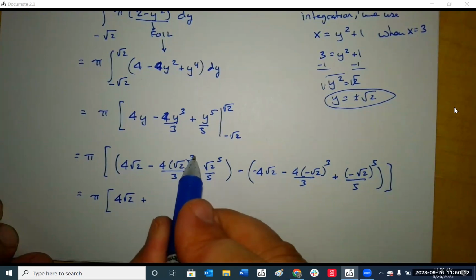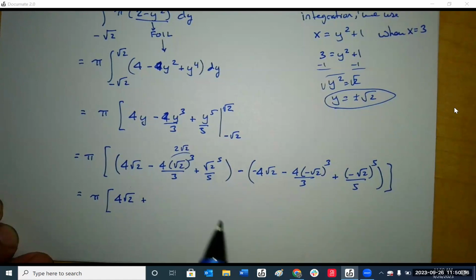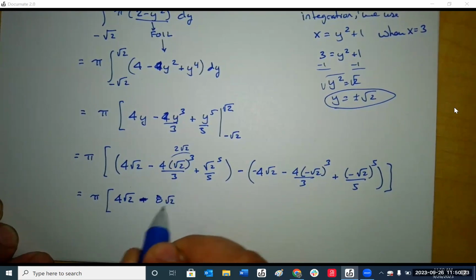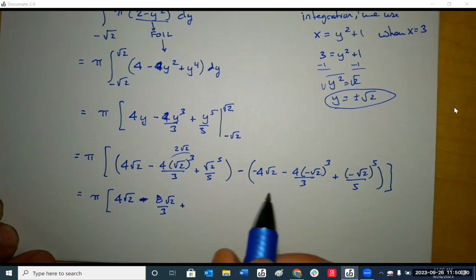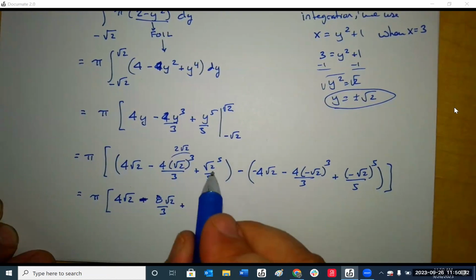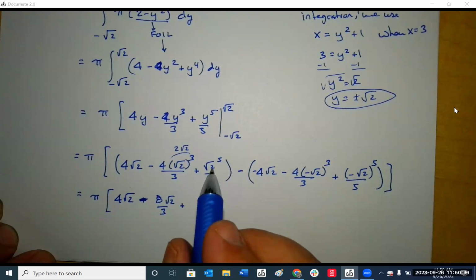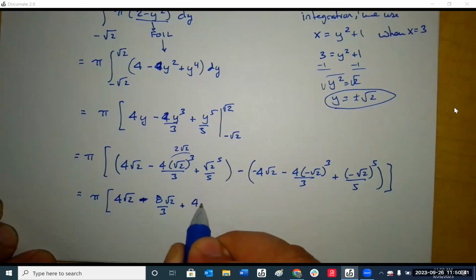Radical 2 cubed is equal to 2 radical 2. So that's minus 8 radical 2 over 3. Radical 2 to the 5th is radical 2, 2, 2, and radical 2. So it's 4 radical 2 over 5.